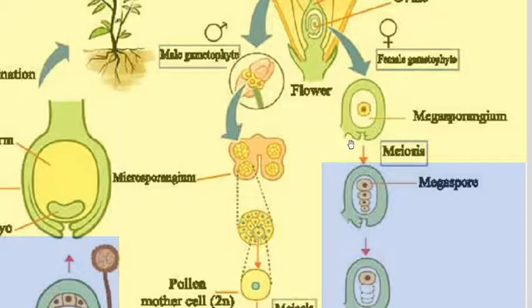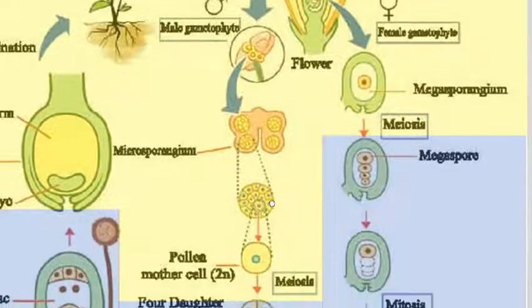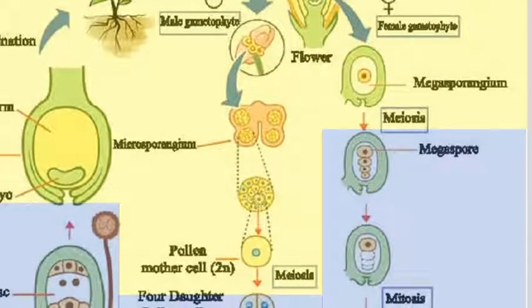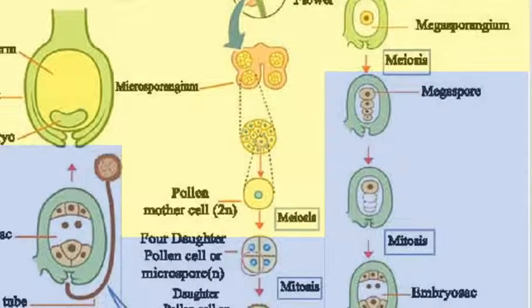Up to this stage is the diploid stage. After that, when the pollen mother cell divides meiotically to produce daughter pollen cells, it enters into the haploid or gametophytic state.